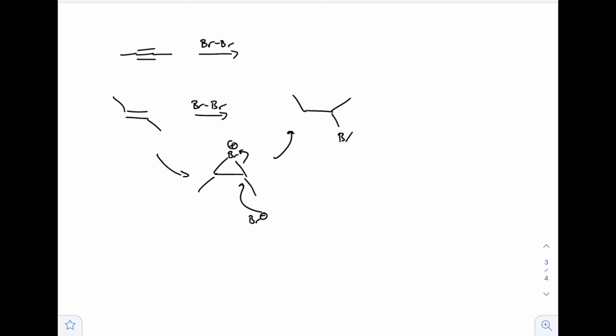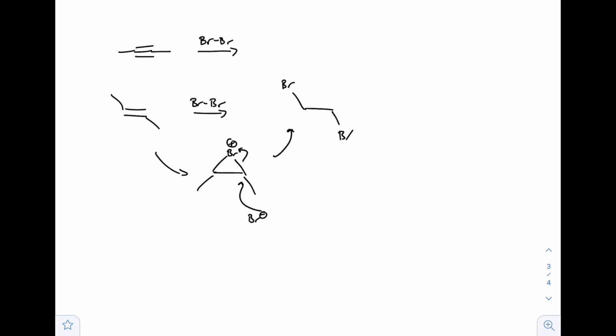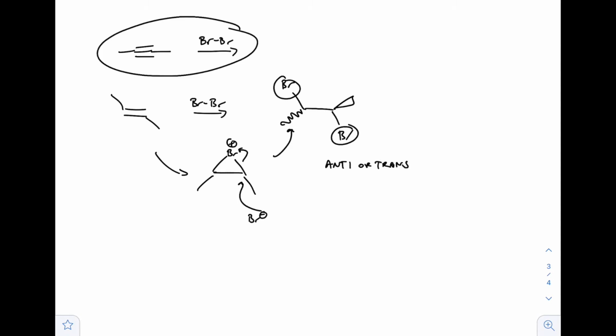Okay, and remember the addition of those 2 bromines was anti-addition, which led to cis products, or I'm sorry, which led to trans products, right? So don't forget about that.